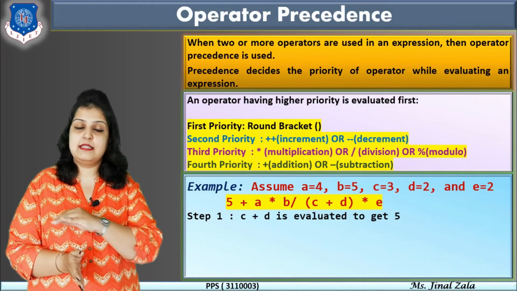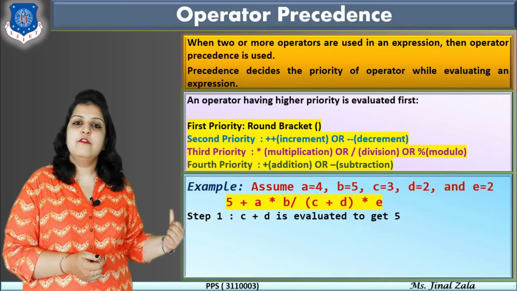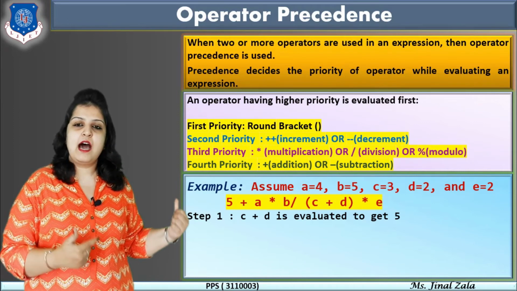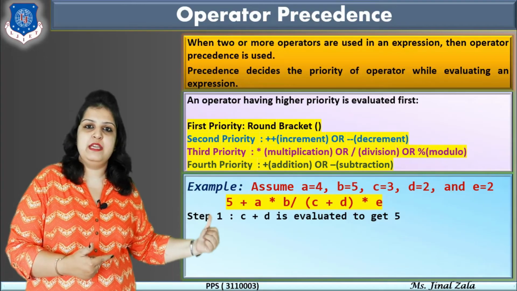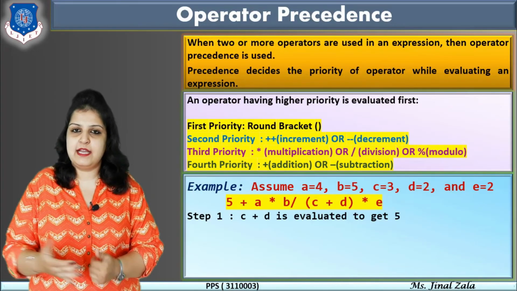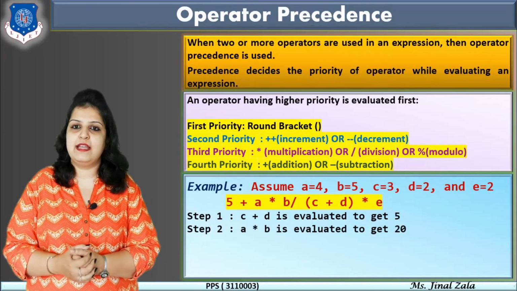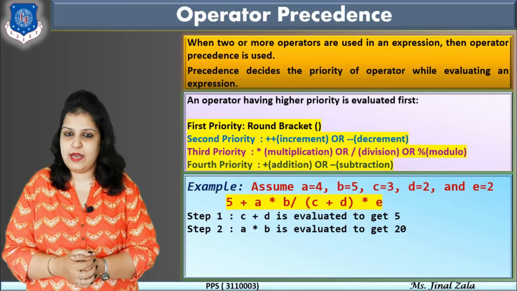Now next see the expression. Here the first operator is plus, but plus has the lowest priority. After that you can see multiplication. So A into B is evaluated in the second step, and the value of A is 4 and B is 5. So 4 into 5 is evaluated as 20. Our answer is 20.